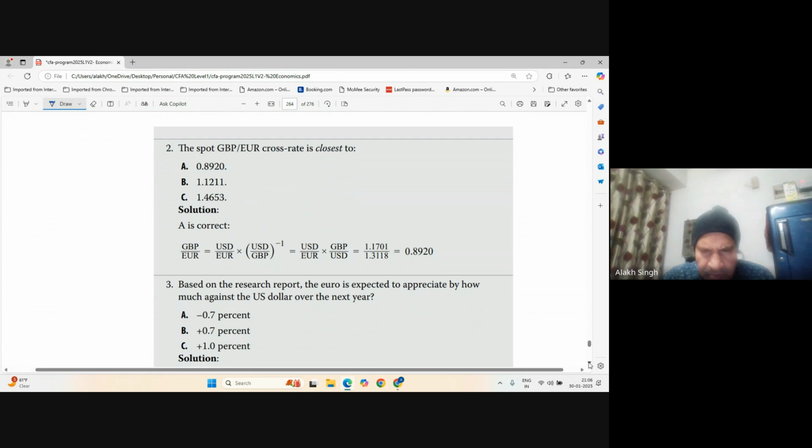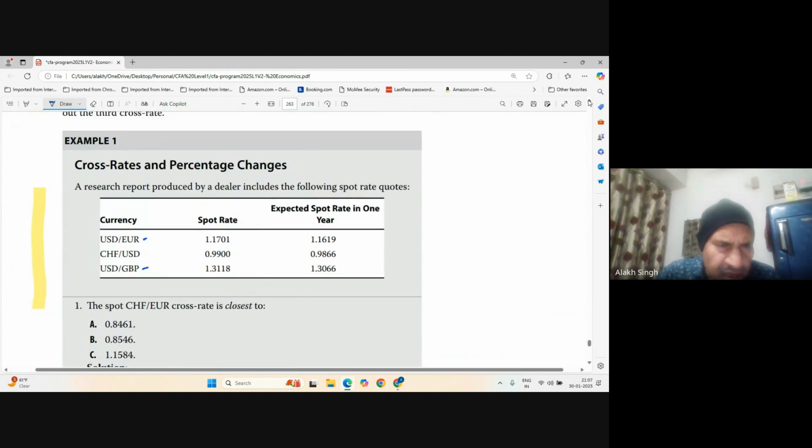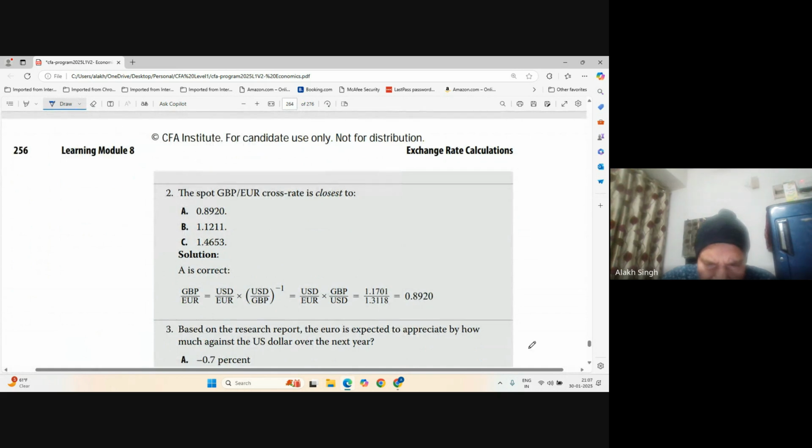Based on the research report, let's see. A research report produced by a dealer includes the following spot rate quotes. Which one is going to appreciate, spot rate and expected rate? So what is the question? Based on this, the euro is expected to appreciate by how much against the US dollar over the next year.